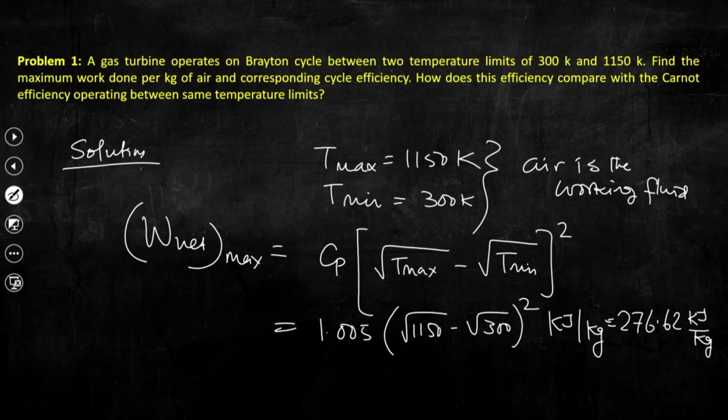So, this is the maximum work corresponding to optimum pressure ratio, because maximum pressure ratio is not easily achievable. So, next we had to calculate maximum work done per kg of the working fluid, and so the unit is kilojoule per kg. Next we have to calculate cycle efficiency.